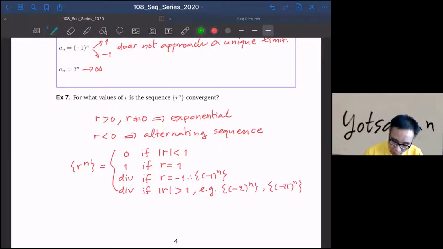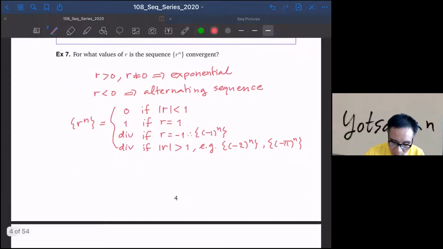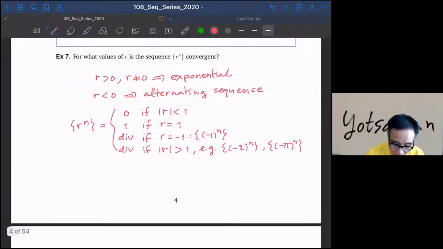This one will have a graph that you are unable to control. Okay, so let me just give you a small graph here. It's going to be a graph that alternates and you won't be able to control the shape. It's going to be somewhere large here, and it's going to be larger and larger.